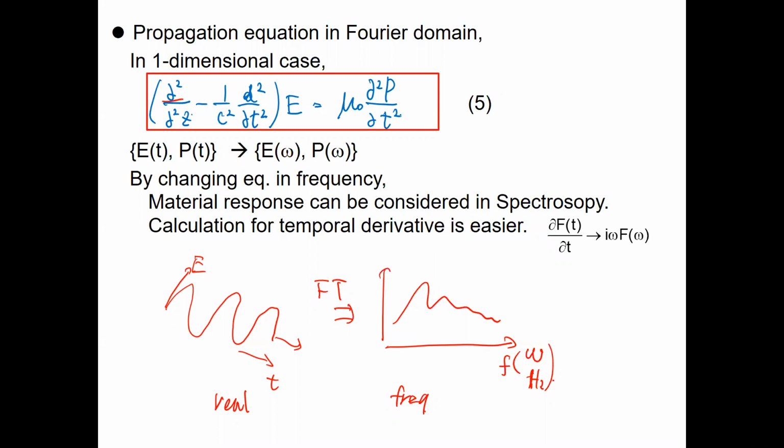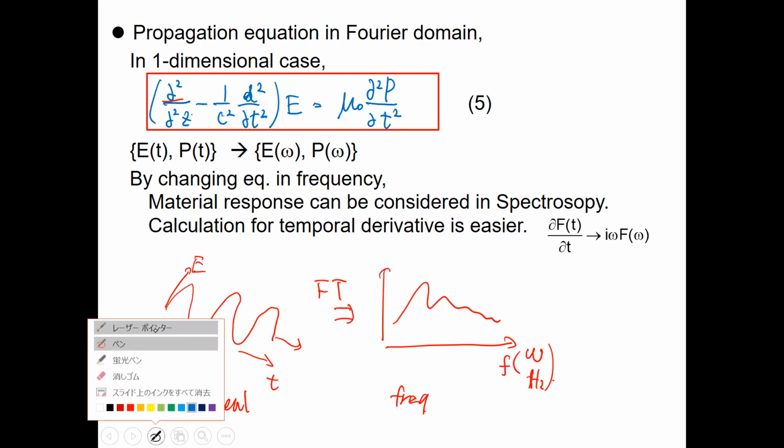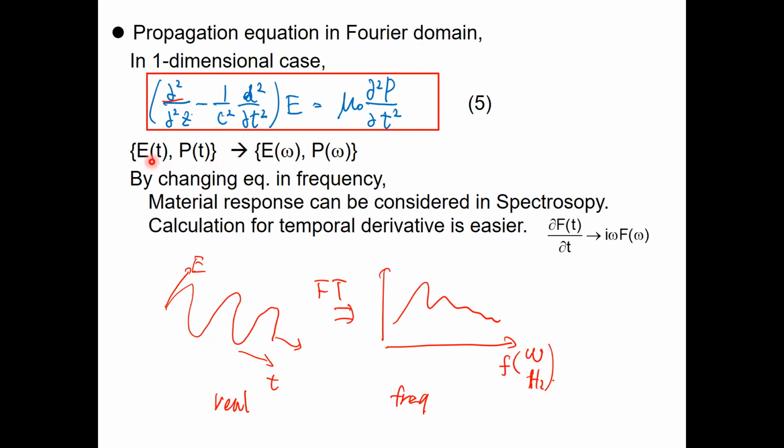So to obtain the equation in the Fourier domain, we apply the Fourier transform to the electric field and polarization changing in time, to get the frequency response of the electric field and polarization.